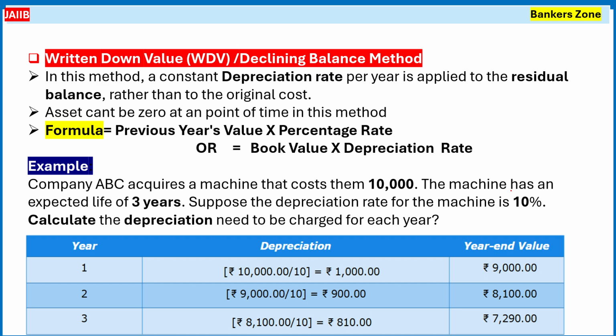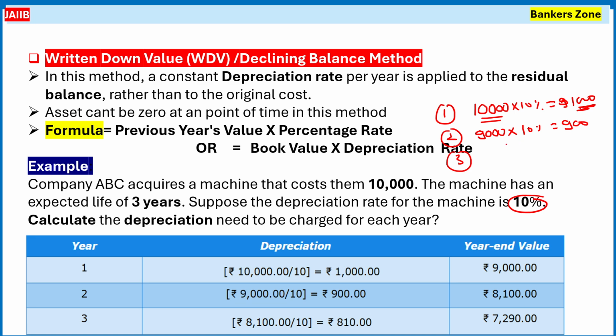See, the cost of the asset is 10,000. For the first year, what will be the depreciation amount? 10,000 into 10%. So 1000 will be the depreciation. For the second year, what will be the new remaining value? 10,000 minus 1000, so 9,000 will be the next year's value. Multiply it with 10% again, and the depreciation is 900.